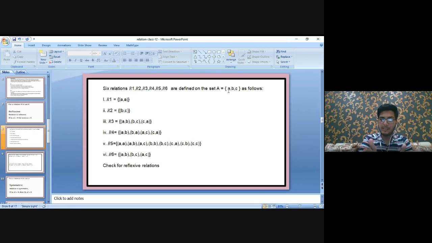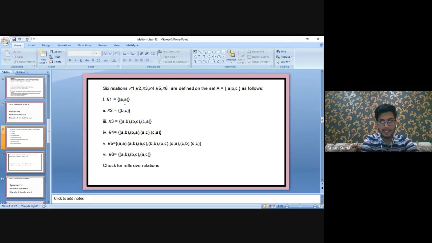We just need that every element must be related to itself. So for the least set for a reflexive relation, we need ordered pairs (A, A), (B, B), and (C, C). So which relation will be reflexive? The one that contains (A, A), (B, B) and (C, C).